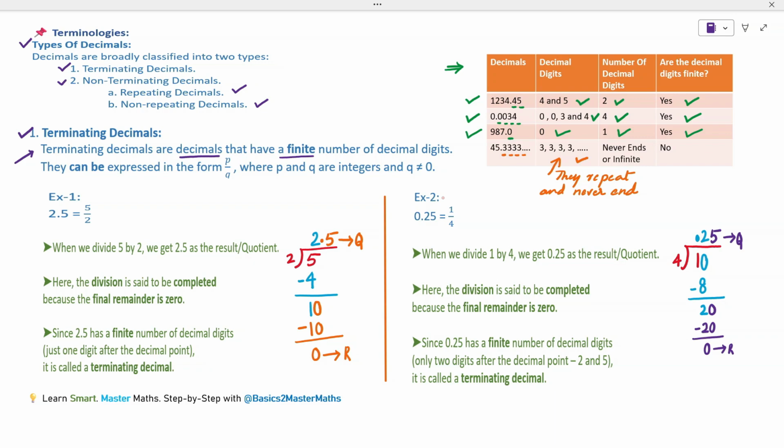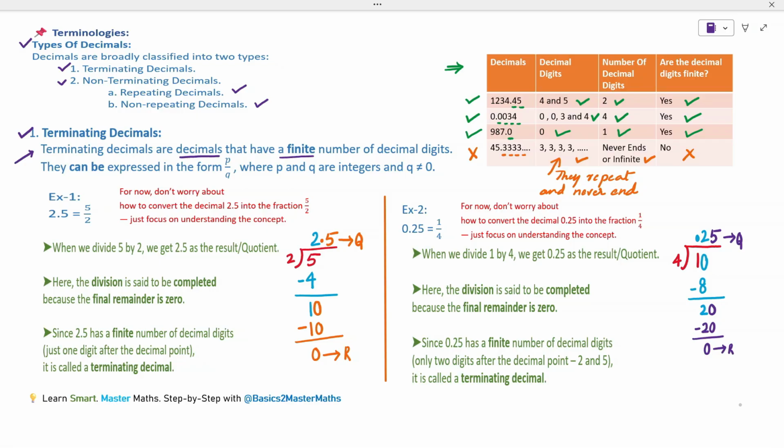So, the number of decimal digits is infinite. Therefore, 45.3333 is a non-terminating decimal. I mean, it is not a terminating decimal. Got it?